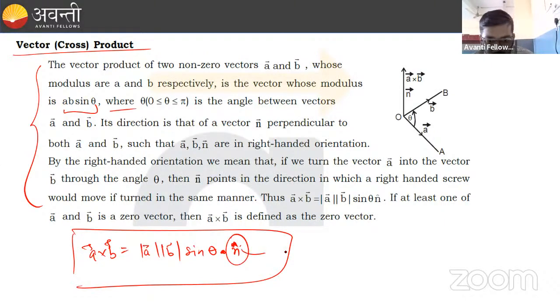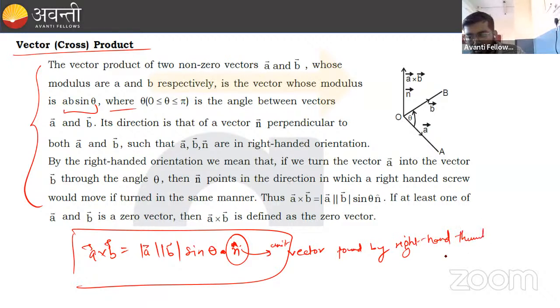N cap has a significance. This is a vector, a unit vector found by the right hand thumb rule, right?